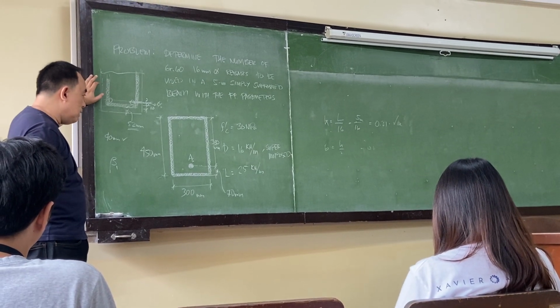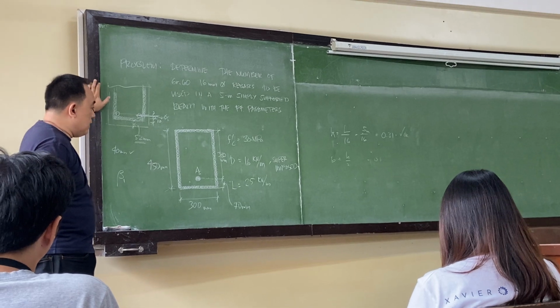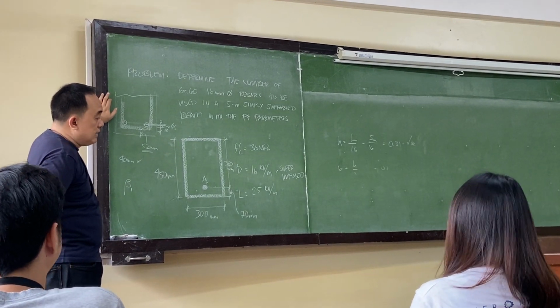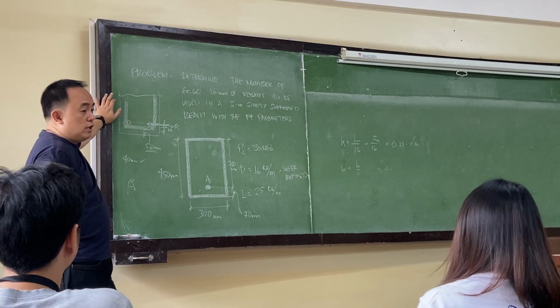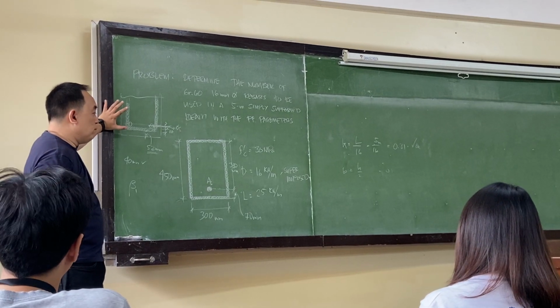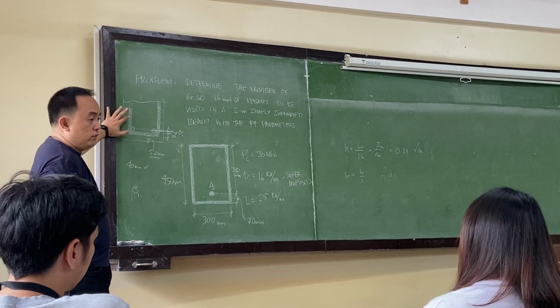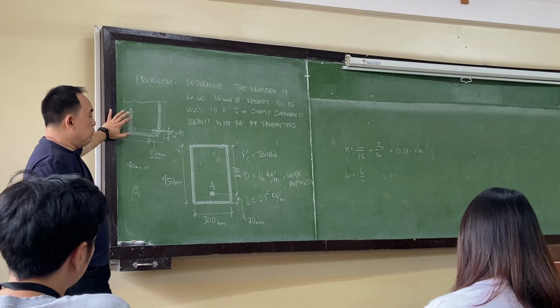Dead load is 16 kilonewton per meter, and it says there superimposed. The problem says superimposed, so we have not calculated the self weight.